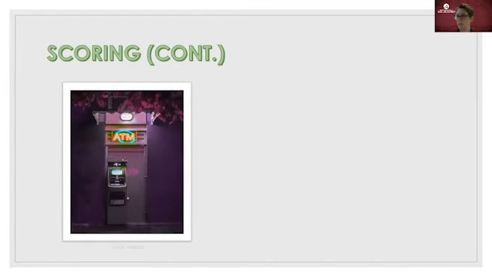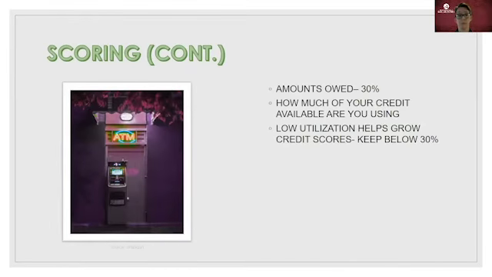Okay, next we have the amounts owed. How much of your credit, available credit, are you using? Low utilization is going to help your credit score. So if you have like revolving credit, which means credit cards, it's really helpful to keep your utilization below 30%. And that means on each card and also across the board. So if you have one card and your total credit line is $1,000, you want to keep that one card below $300 and also pay it off at the end of the month.